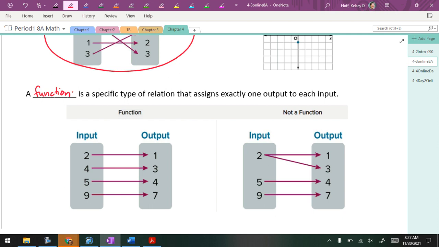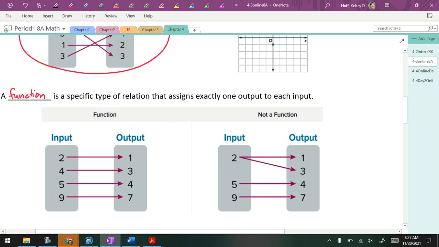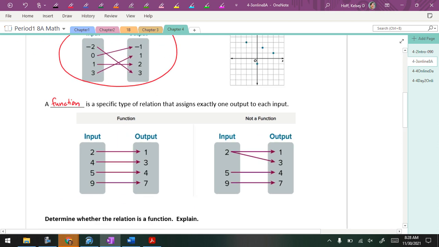A function is a specific type of relation that assigns exactly one output to each input. So a function doesn't have to be straight arrows, but there's only one arrow coming out of every input. It is not a function if there's 2 arrows. Let's write that down so we remember. X cannot repeat.